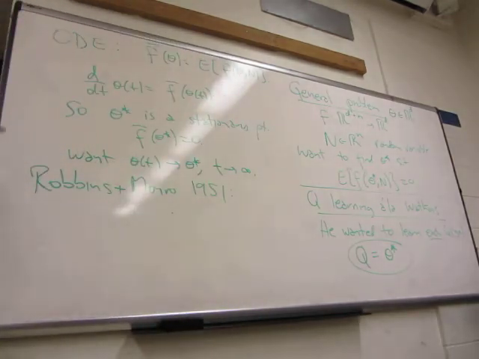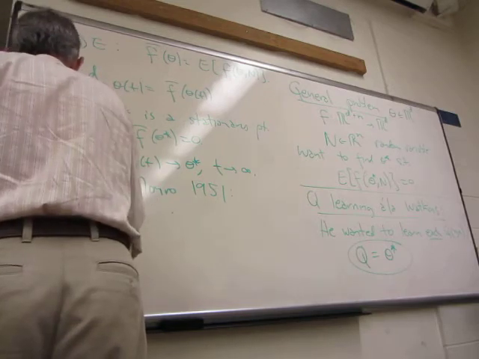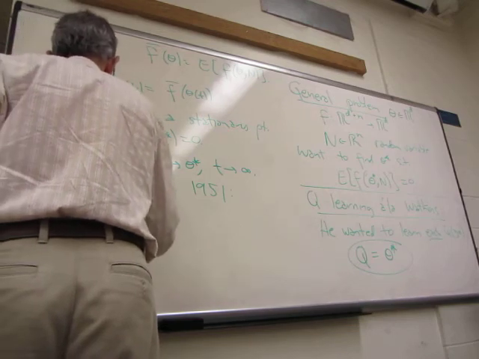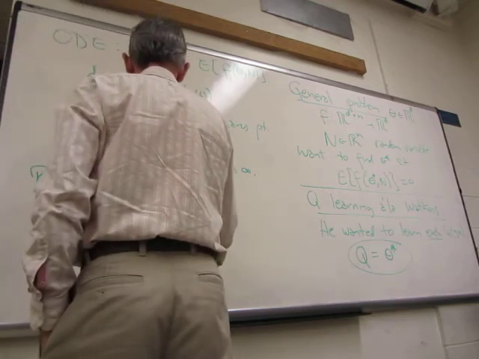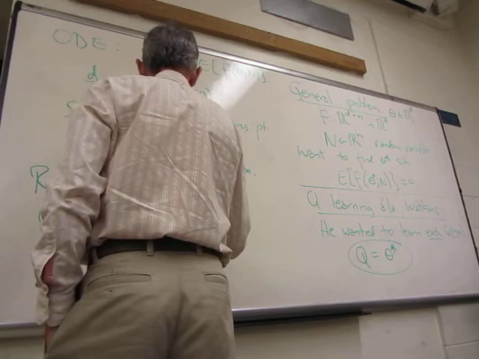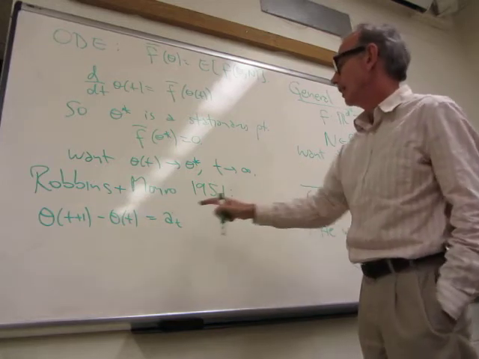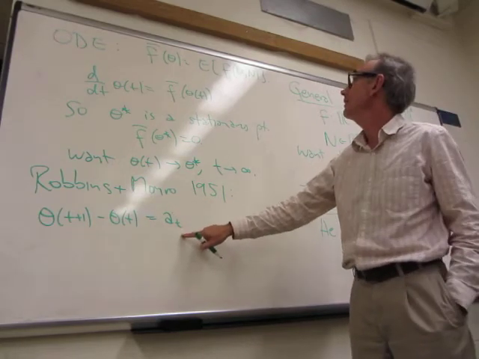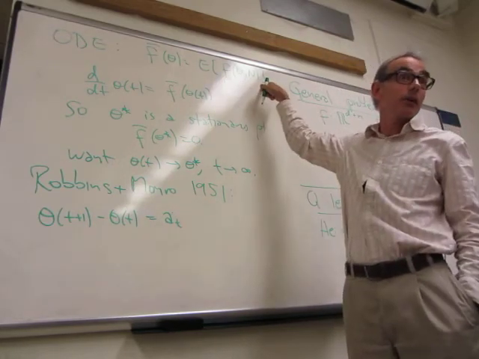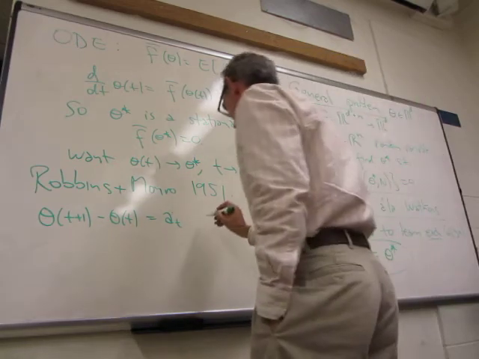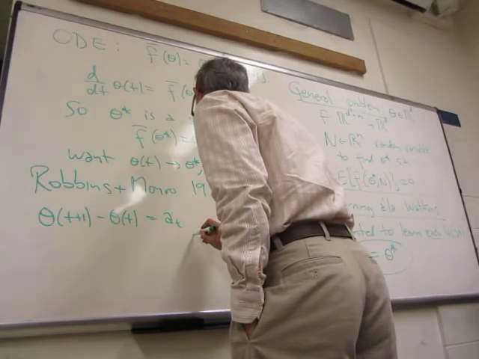Well, what Robbins and Monro suggested in 1951 is to replace the differential equation by a difference equation. And if I had some small step size, I could plug in this expectation of the value at theta t, but let's not.